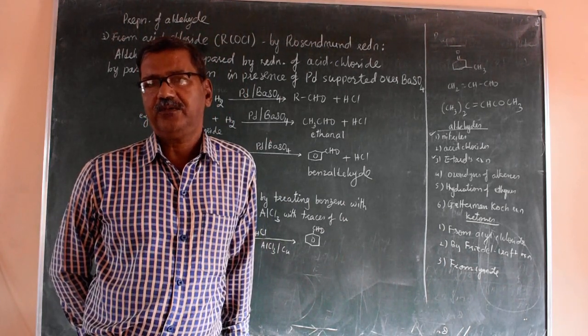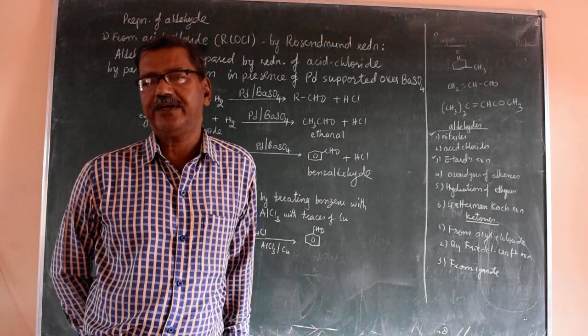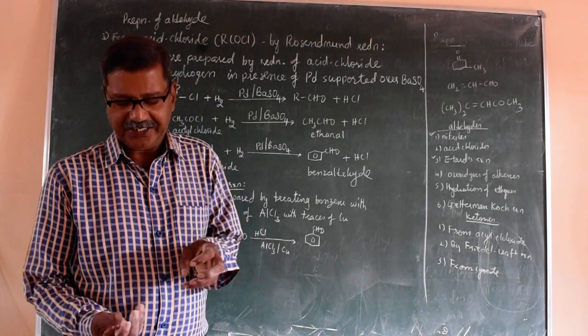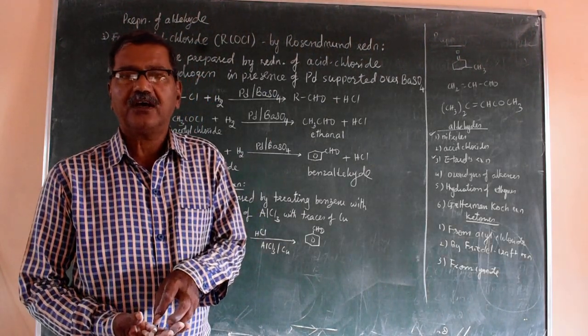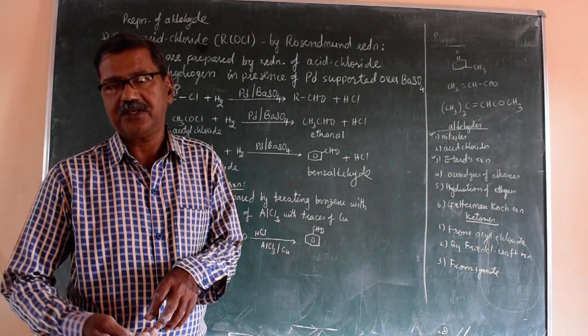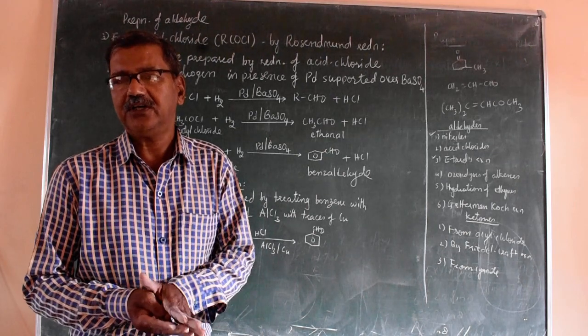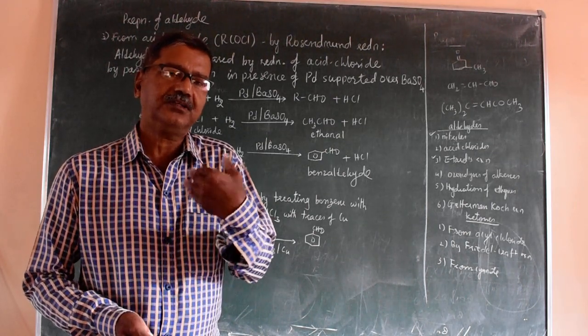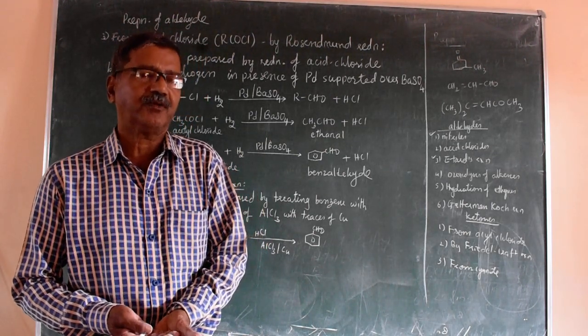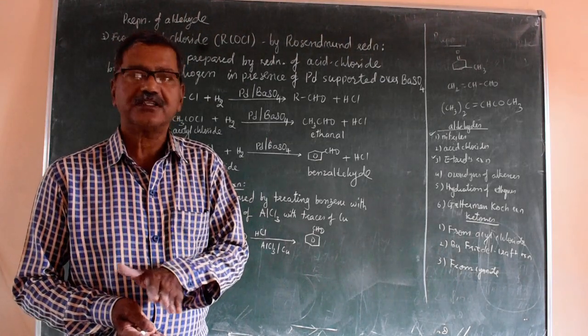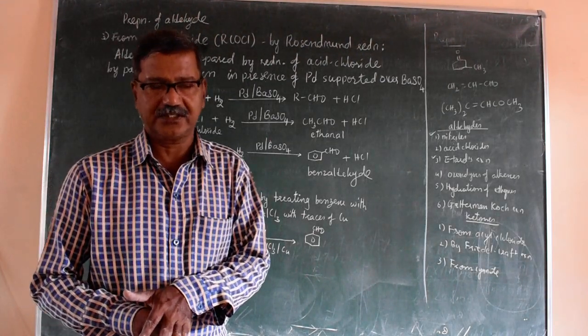After ozonide is formed, it is treated with zinc dust and water to get the aldehyde. Suppose if you are not using zinc dust, then the aldehyde formed in the reaction is further oxidized to carboxylic acid. So this reaction is called reductive ozonolysis.